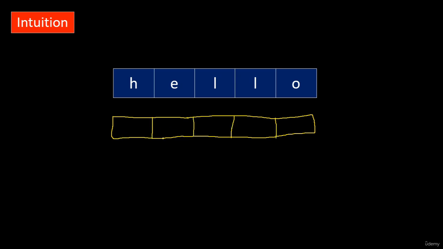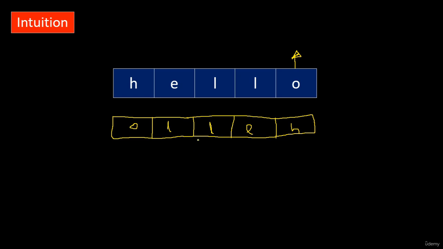Now we're going to iterate through the given string from right to left, and we will insert this value right over here, O, then here L, then here L, then E, then H. So we'll iterate the given array from right to left, and in this array we'll iterate from left to right.